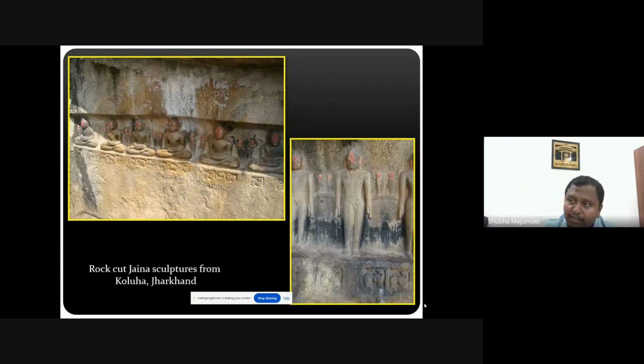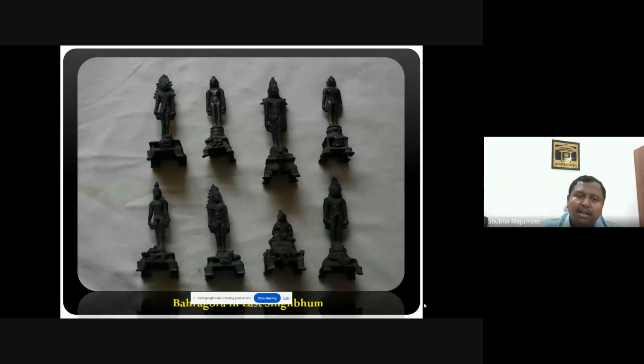This is another important pilgrimage center for Jain followers, the Koluha rock cut hill, where we found 24 Tirthankara rock cut images. So these are the two already known Jain pilgrimage centers in Jharkhand, and we have found an abundant number of others.